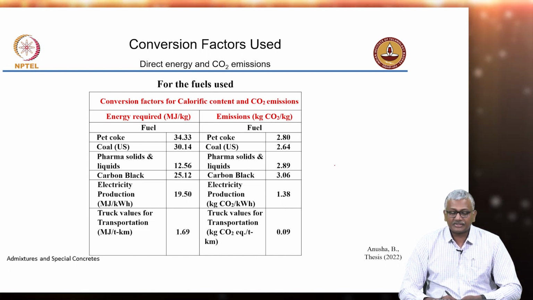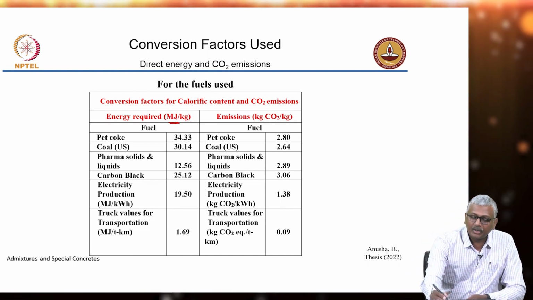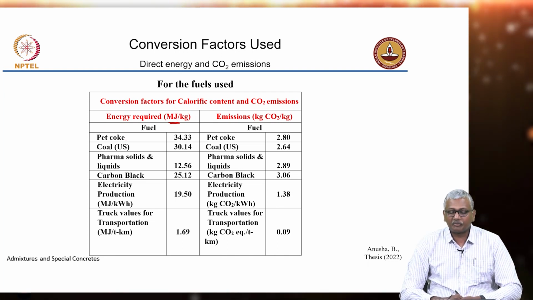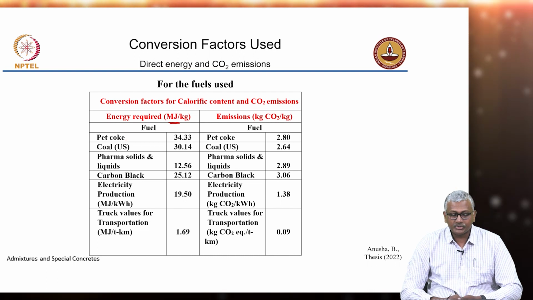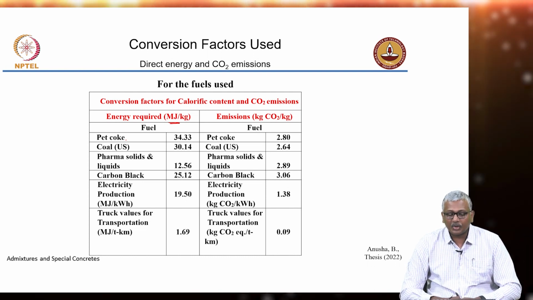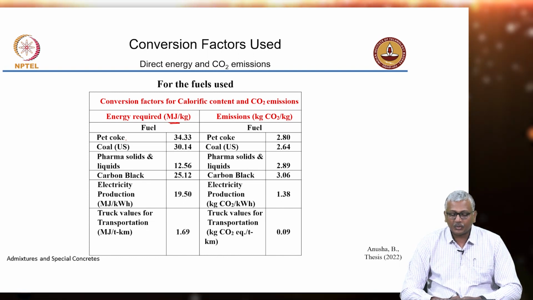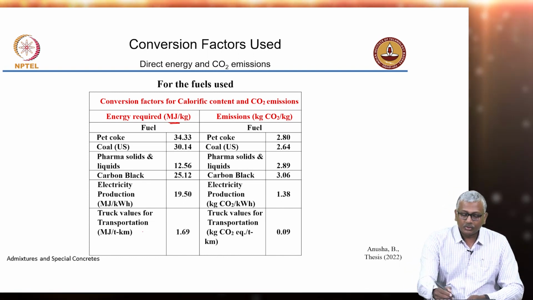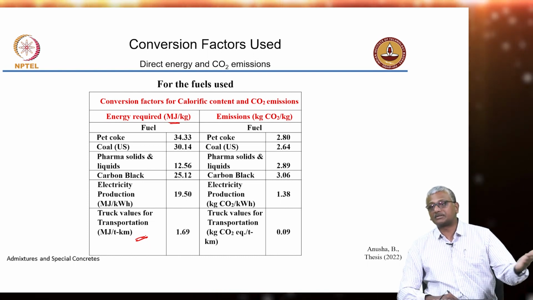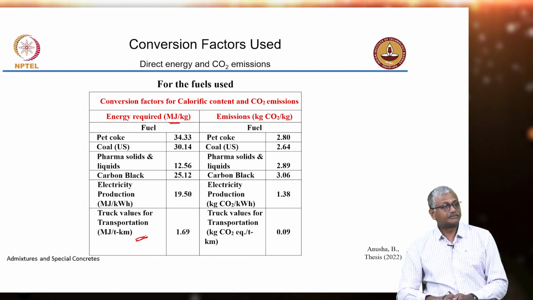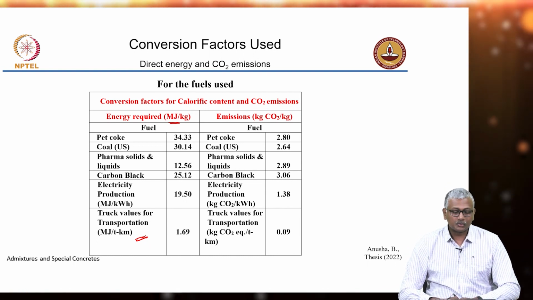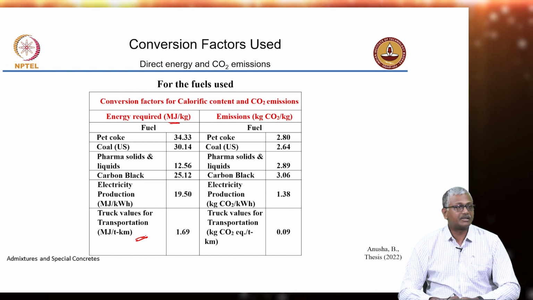So, these are the energy factors or conversion factors that are used for energy and emissions. So, you can see as far as the million joules per kilogram of energy required. So, per kilogram of pet coke, that is 34 million joules, for coal 30, pharma solids and liquids about 12.5, carbon black is about 25, and so on and so forth. Also, truck values for transportation are given. For every kilometer of transportation, you are expending about 1.69 million joules of energy per ton.